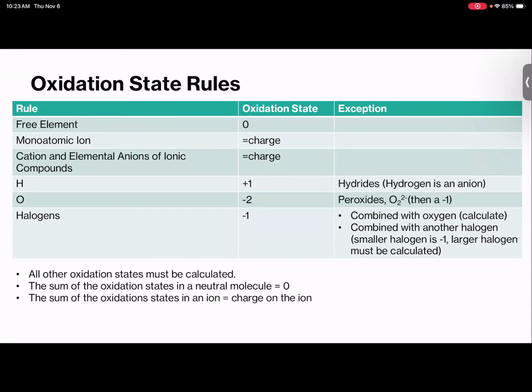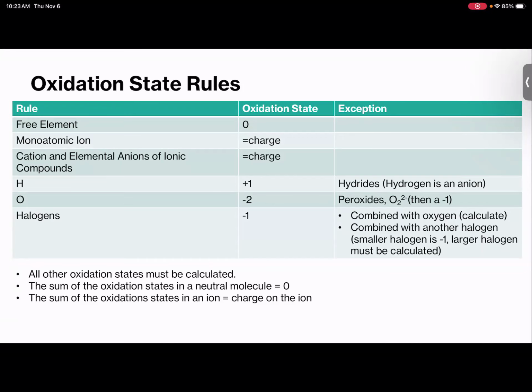The way we calculate this is very similar to the way we determine charge on those metals that could have multiple charges. In other words, we're going to set up an algebraic equation and solve for x. Now, if the compound is charge neutral, we set that algebraic equation equal to 0.